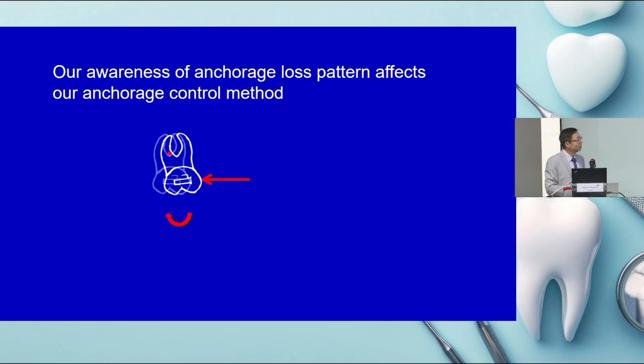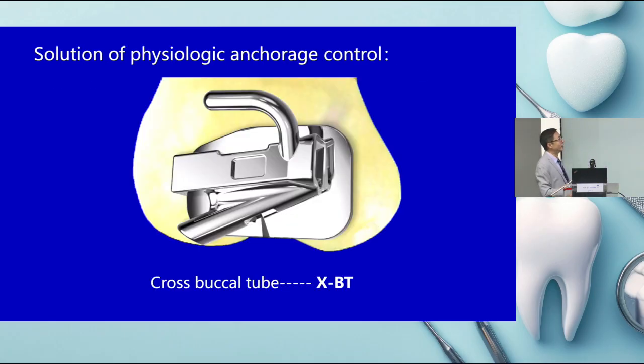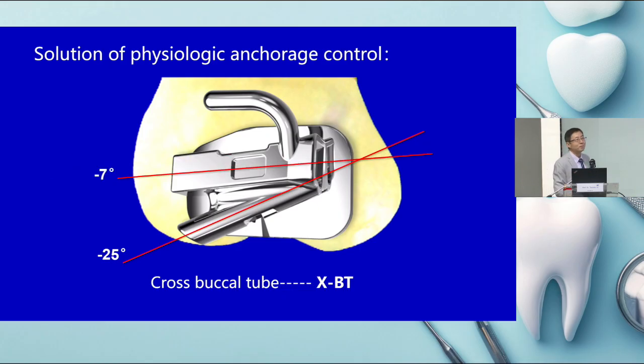Or we may give it a tip-back bend. That's why we created this special buccal tube. It is composed of two tubes, one minus 25-degree round tube and one minus 7-degree rectangular tube, the two tubes crossing in the front. So I call it the cross buccal tube, XBT.